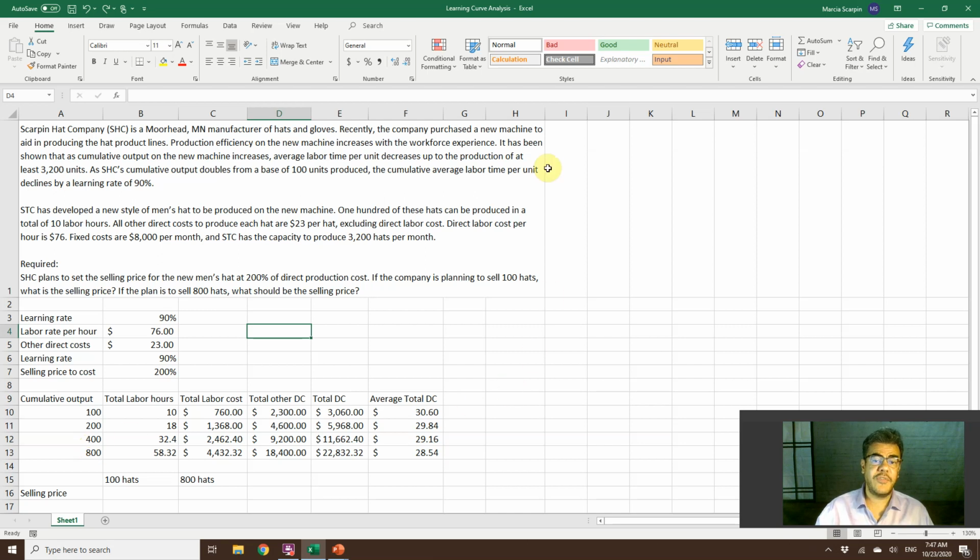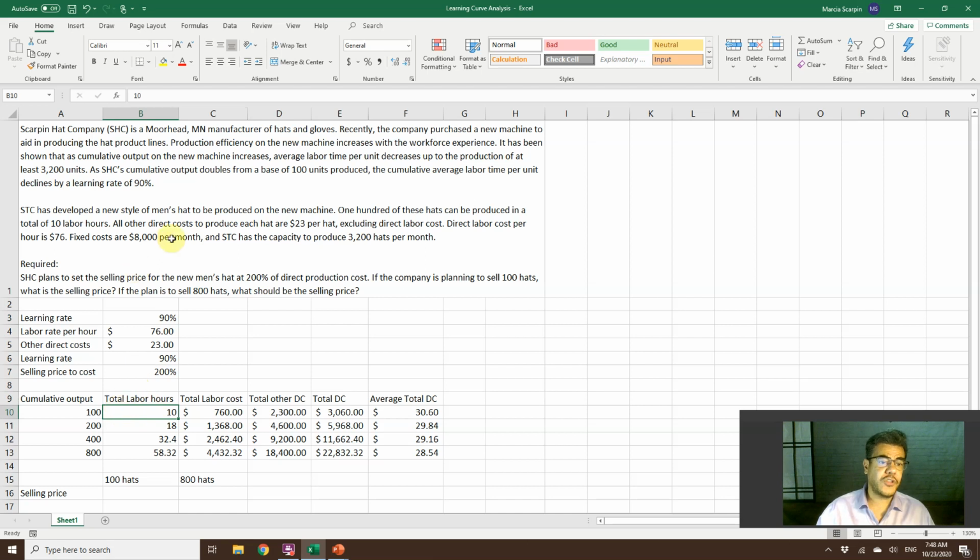And the cumulative average labor time per unit declines by a learning rate of 90%. So learning rate here, 90%. 100 of these hats can be produced in a total of 10 labor hours. So 100 units, 10 labor hours. So 0.1 hour per unit.